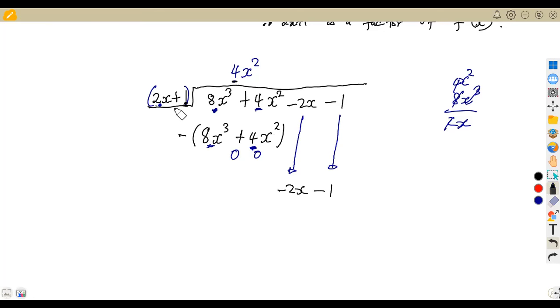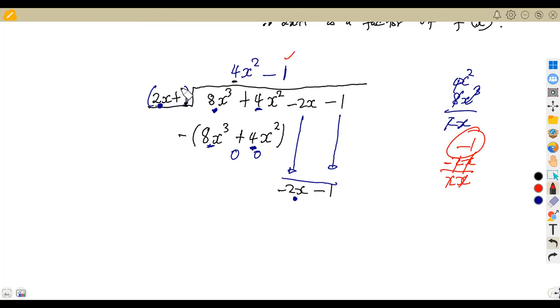All right, so let us divide again. Always when dividing, it is the first term versus the first term. So if we divide minus 2x by 2x, we get -1.